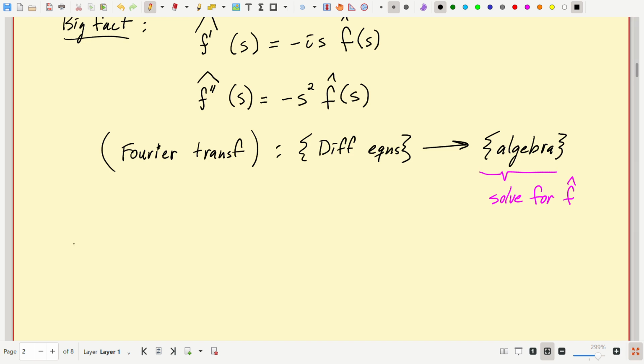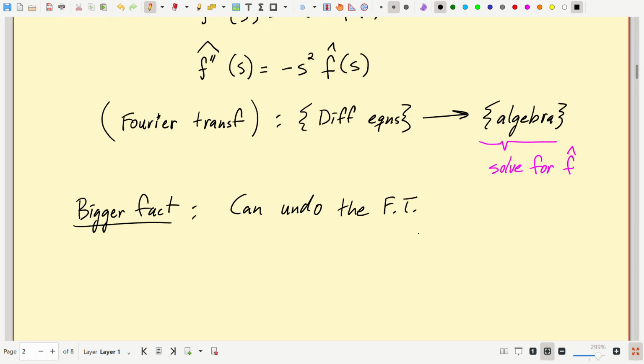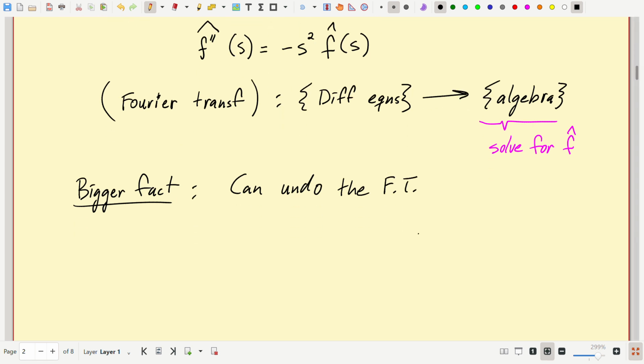And so another even bigger fact, it's easy to undo the Fourier transform. And the famous formula is f of x, I guess I have to put the 1 over 2 pi back here, is 1 over 2 pi times the integral from minus infinity to infinity.